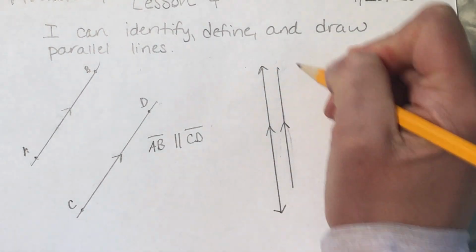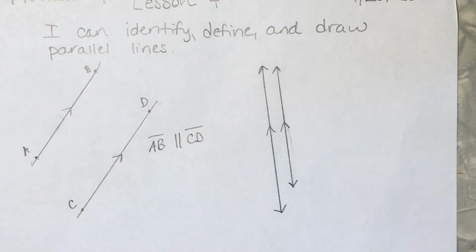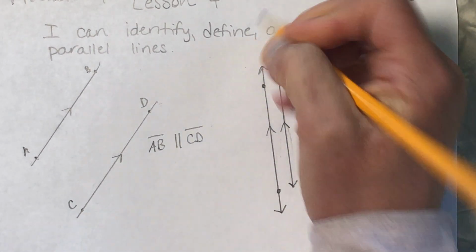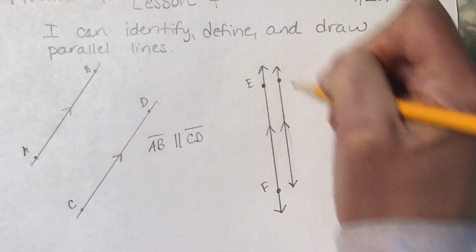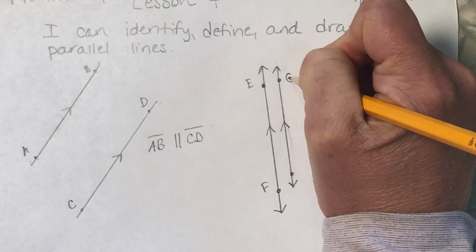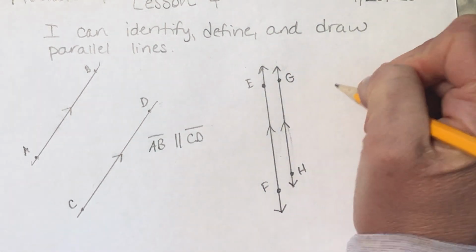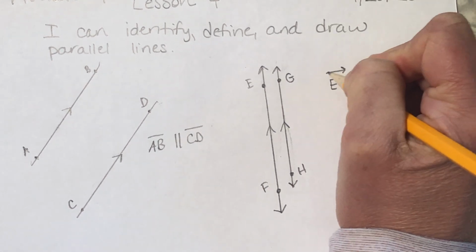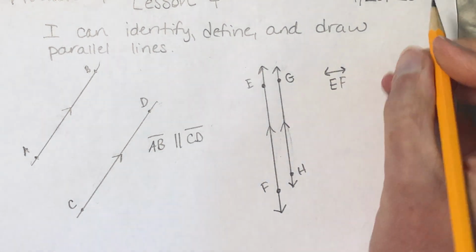Let's make these lines. So I'm going to add arrows to the ends of both of these so that they're now lines. And I'm going to call this one line EF and this one line GH. And now I'm going to say that line EF, I've got to remember to put these little arrows to show that it's a line and not a line segment.